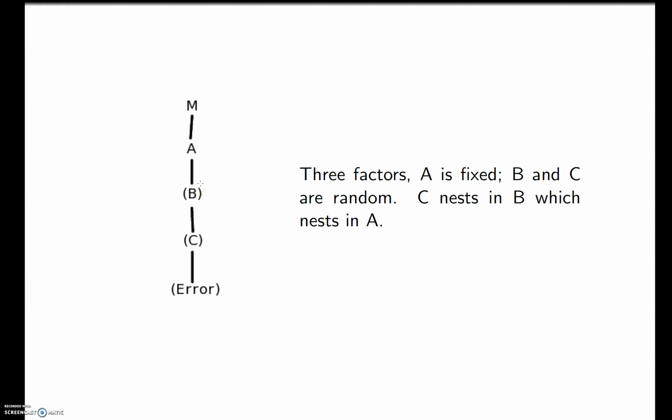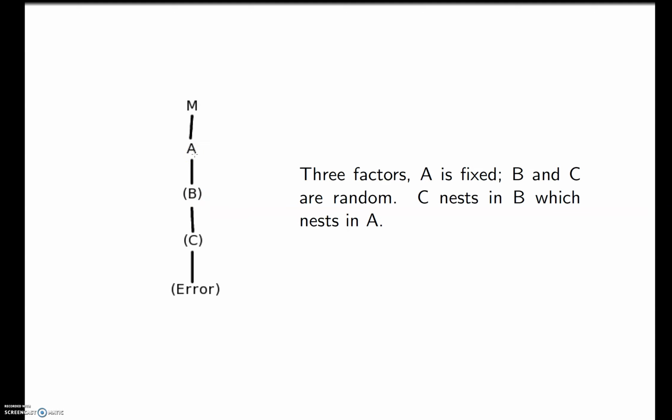So B is nested within A. Then you go down further. C is right below B. C is nested within B. And then we've got the error contained in C. So everything's nested. C nests within B, B nests within A. A is the only fixed.